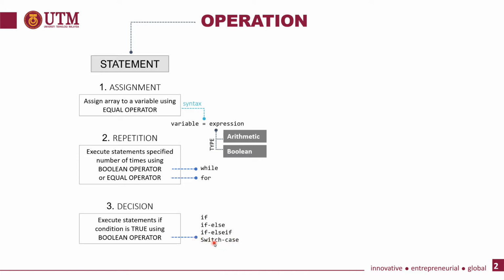Okay, so in terms of decision, it will not repeat. So it will only execute several functions if the condition is true. For example, if a equals to 5, what will happen? Else, what will happen? Okay, so this is an example of the if-else situations. Alright, so the first one is the statement inside operation.